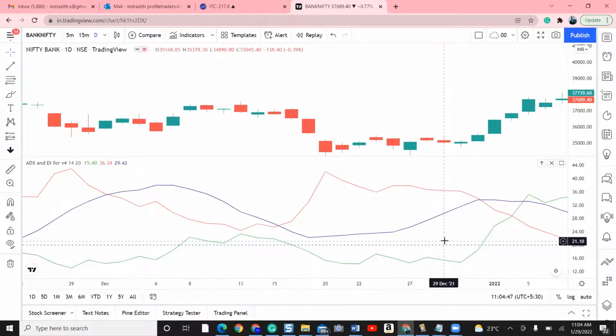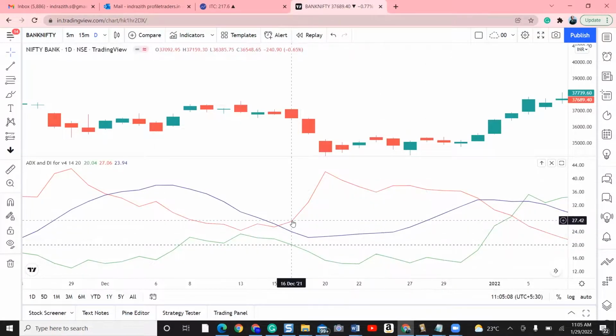ADX is very simple to understand. Whenever this blue line, that is the ADX line, is above 20, it indicates the strength of a trend. Either it is an uptrend or a downtrend, but if it is above 20, it indicates the strength is strong.